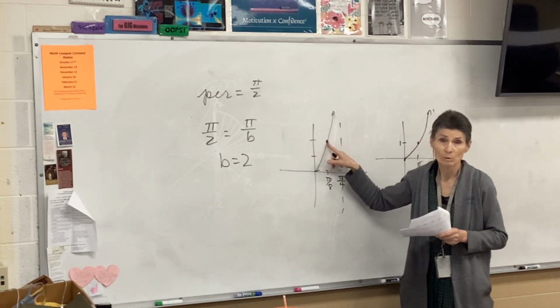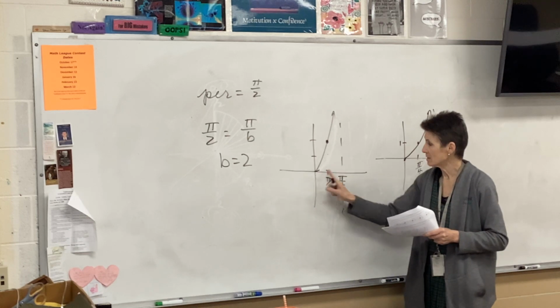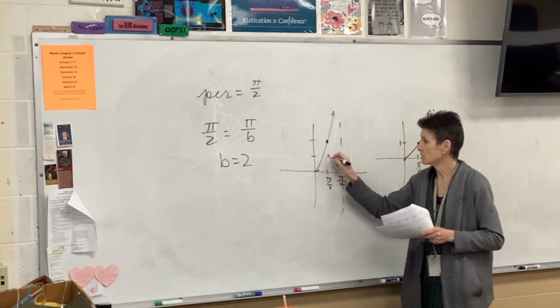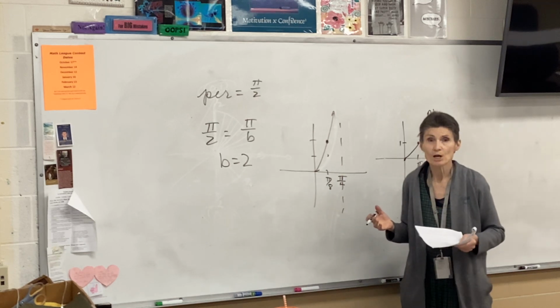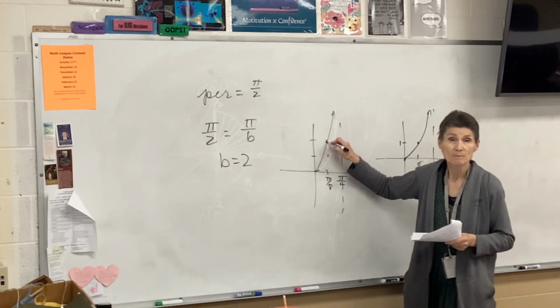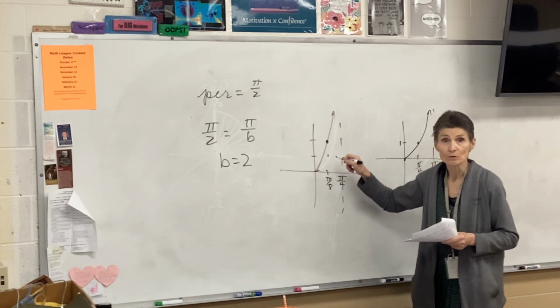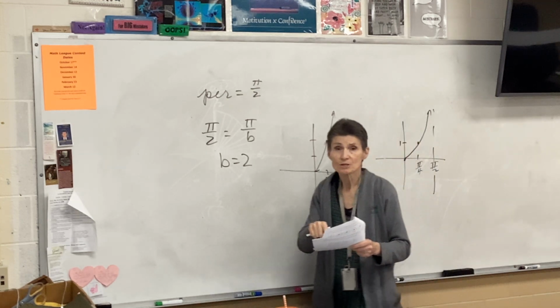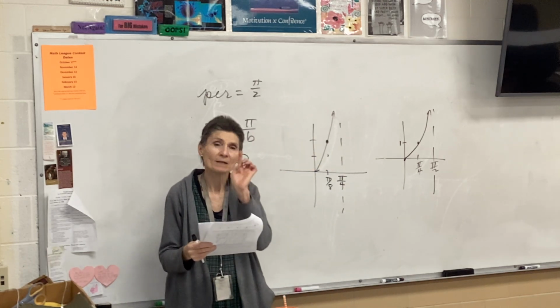So this A would be 2, because that middle point between 0 and your asymptote is supposed to be at 1. If it isn't, then you have to figure out how it's changed. In this case, it's been times by 2, so that would have an A of 2. The one on the page has an A of 1 because that point at the halfway is exactly where it needs to be.